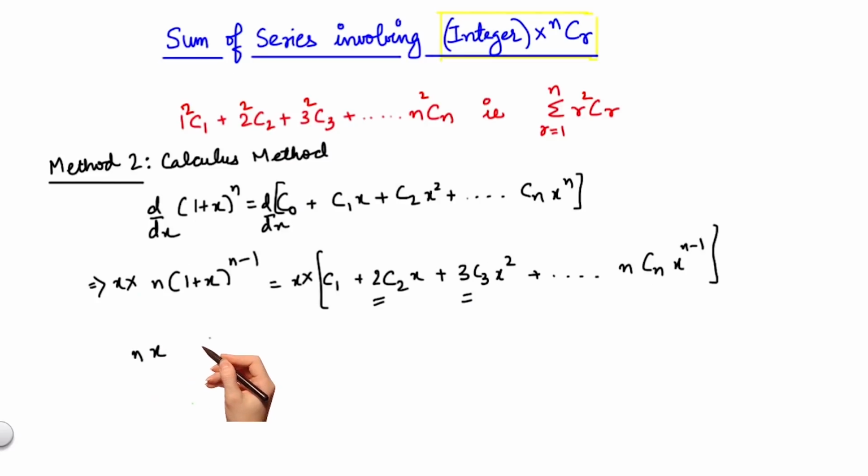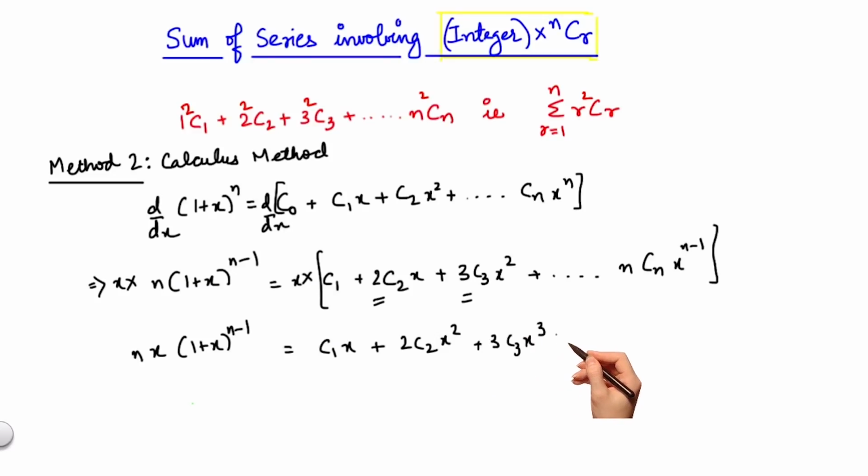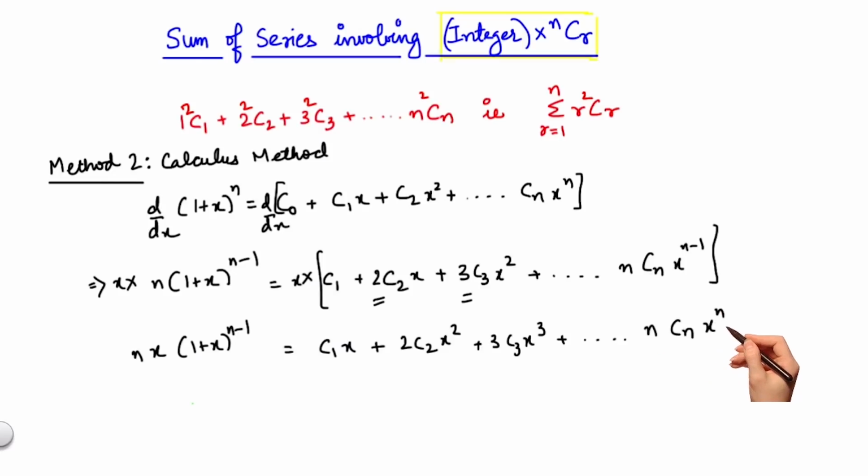I would get n times x into 1 plus x to the power n minus 1 equals c1x plus 2c2x square plus 3c3x cube and so on until ncn x to the power n. Now I can differentiate both sides with x again.